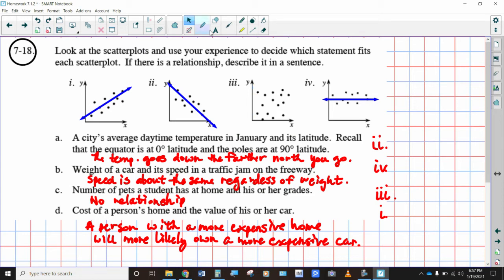So periodically, I'm going to put in an outlier here, where someone paid so much for their house that they can't afford to buy a nice car. But that is an outlier situation. Most of the time, if people have enough money for a nice home, they probably also make enough money to drive relatively nice cars. So that would be graph number 1, where that would tend to be the case.